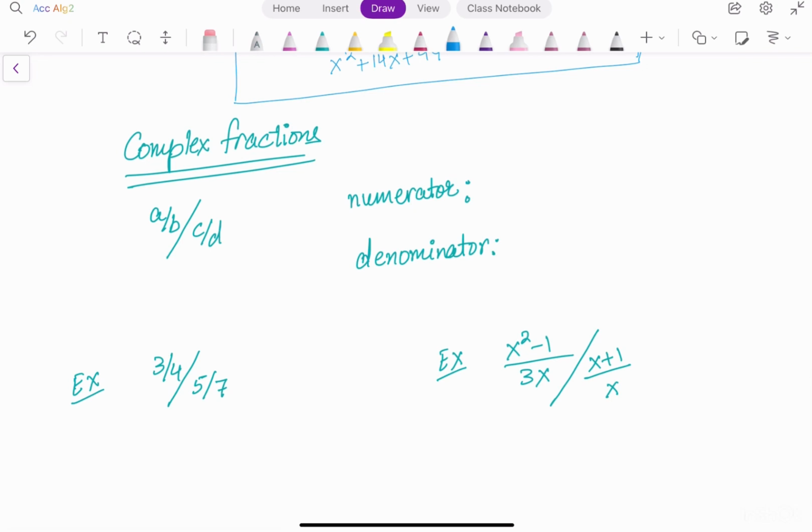When we are talking about complex fractions, we are technically talking about dividing two rational expressions. So we have a fraction as a numerator and a fraction as a denominator, and we have to simplify it. So there is a technique to simplify it, but let's identify what is a numerator. Numerator is a over b and denominator is c over d. But remember one thing, the denominator of a denominator will become a numerator.